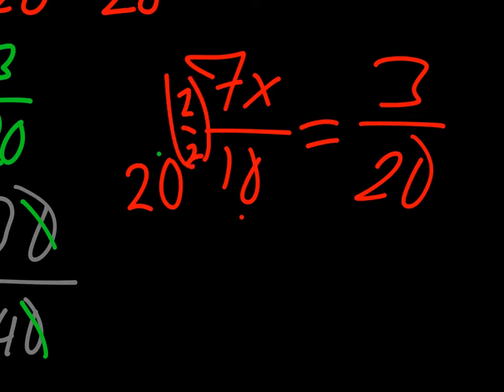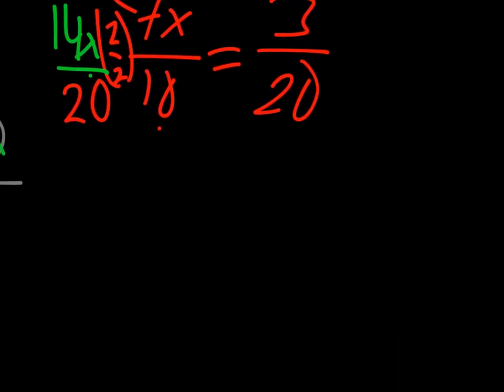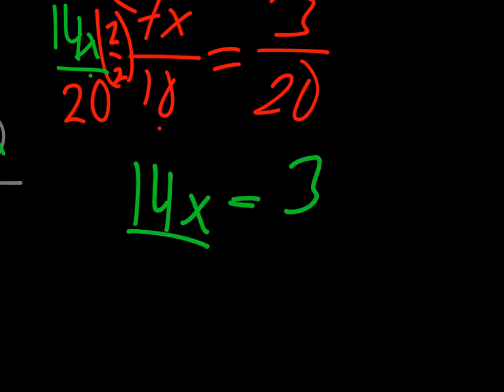So now we multiply by 2 over 2, 10 becomes 20, and 7x becomes 14x. And remember when I taught you earlier that the denominators being the same thing means we can just cancel them. 14x equals 3, divided by 14, x equals 3 over 14.